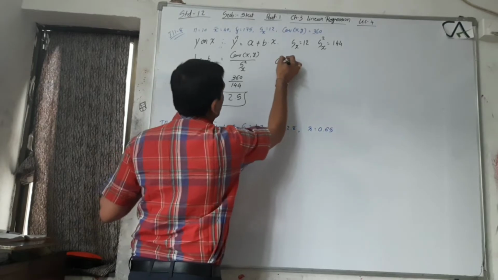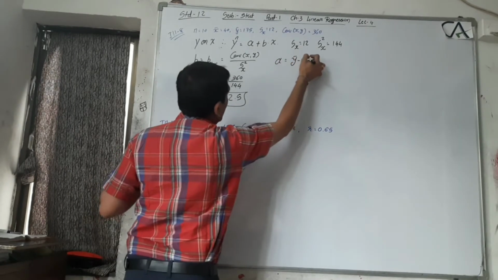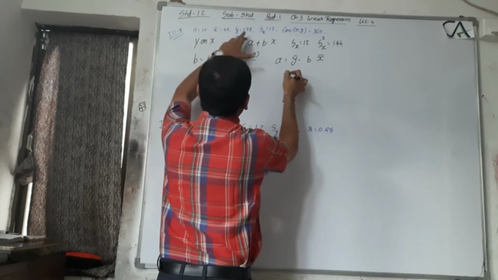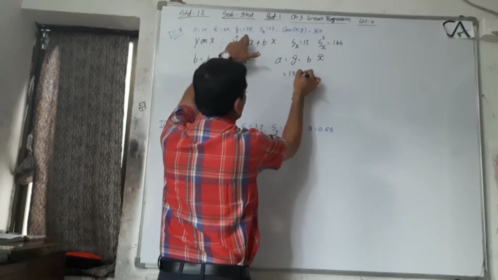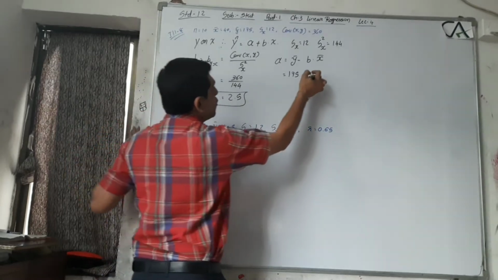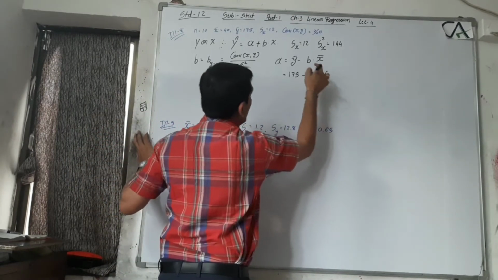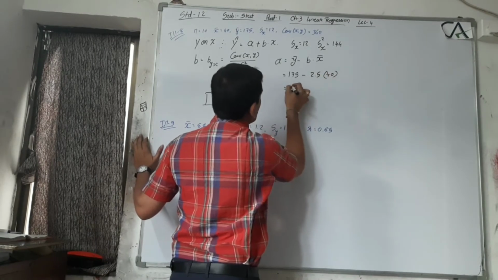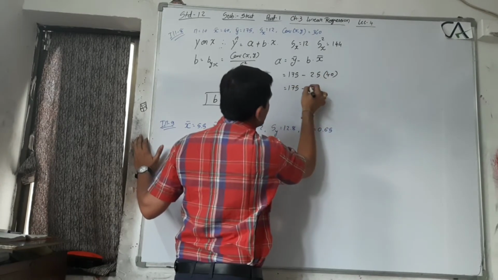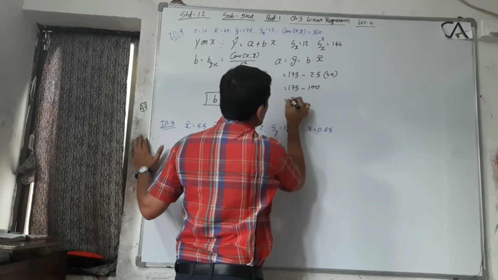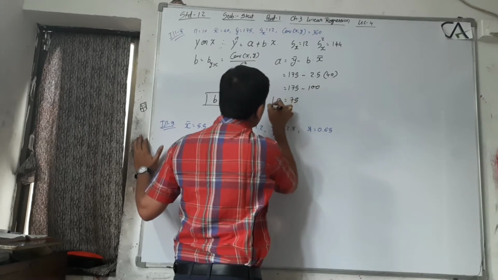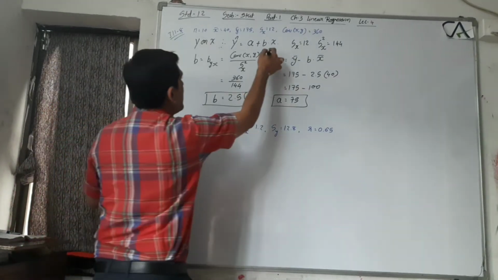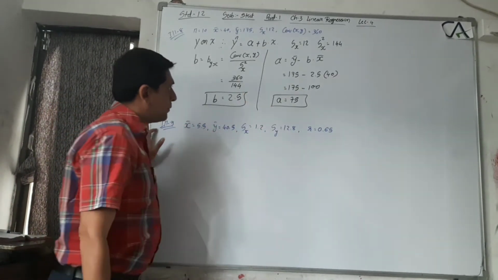Now a is equal to the same formula, y bar minus b x bar. Y bar is given, 175, minus b is 2.5, x bar is also given, 40. So 175 minus 100. So a is equal to 75. So we have two answers, that is b and then a.